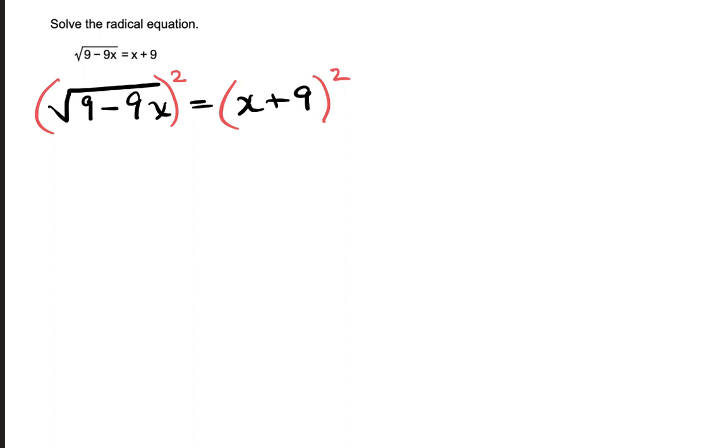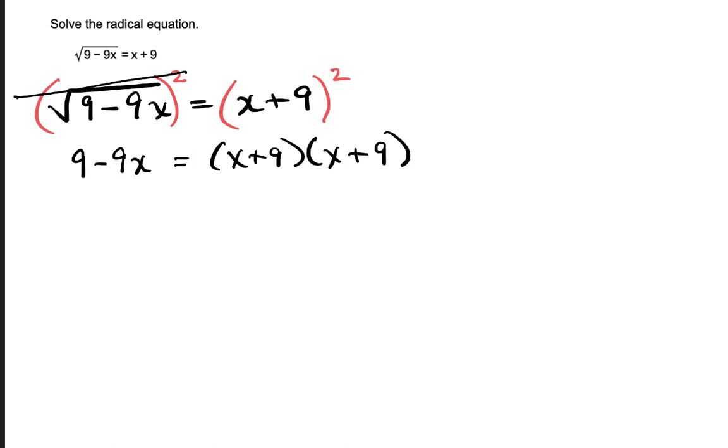Okay? So what do we have? On the left side, these canceled, and you're left with 9 minus 9x. This is so great because it's a quick way to get 9 minus 9x out from underneath that square root sign. So you have that. Now on the right side, be really, really careful. X plus 9 squared is not x squared plus 9 squared. It is x plus 9 times x plus 9.